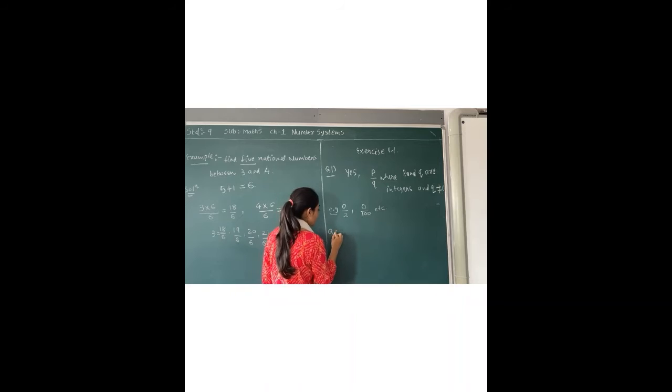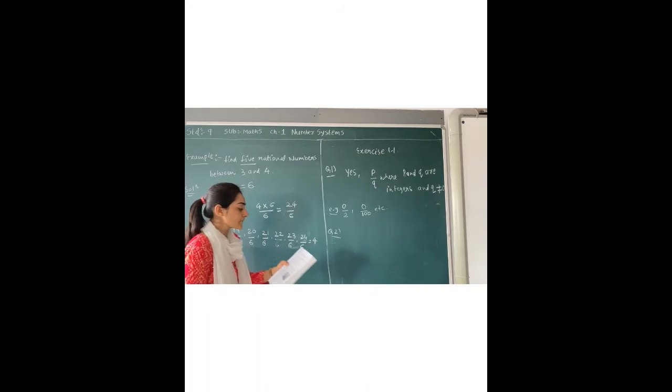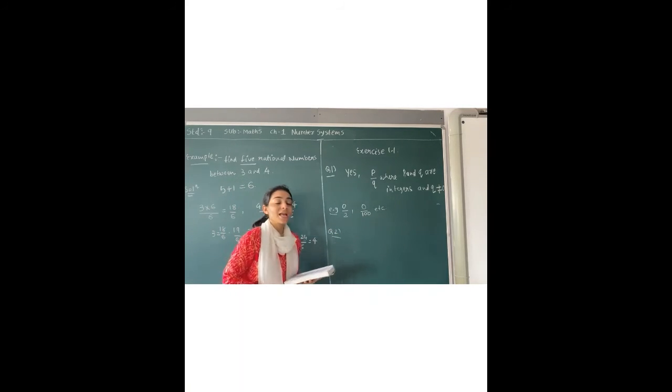Now, question number 2. Find 6 rational numbers between 3 and 4.